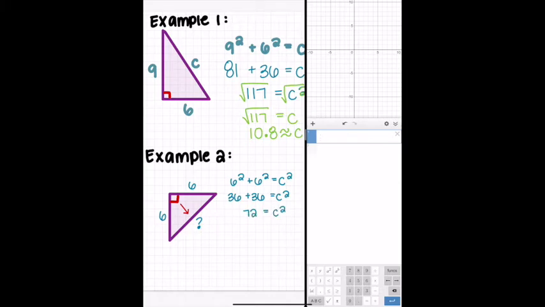And then we can take the square root on both sides. So the square root of 72 equals c. So just to approximate that, the square root of 72 is about 8.5.